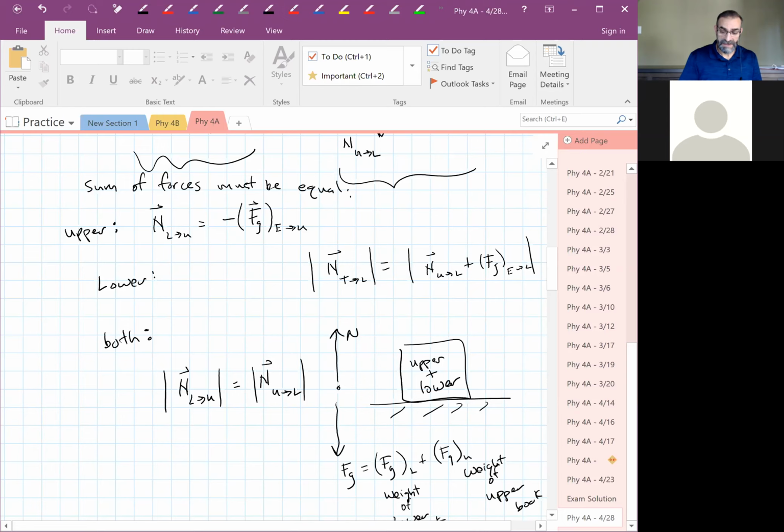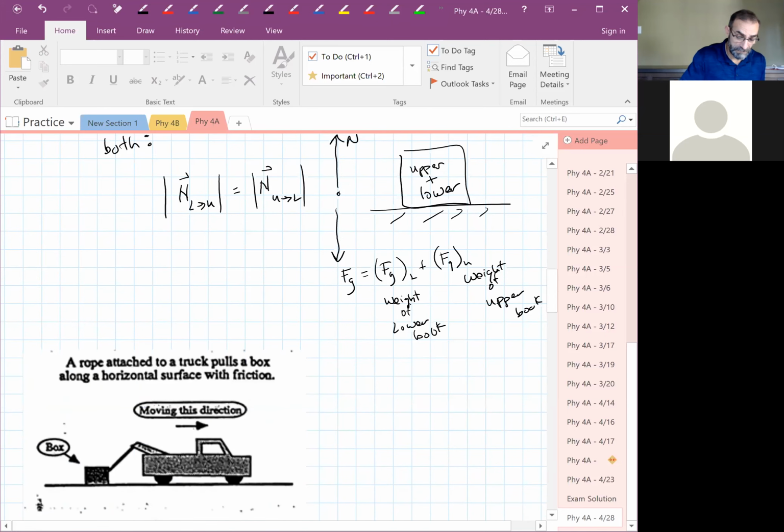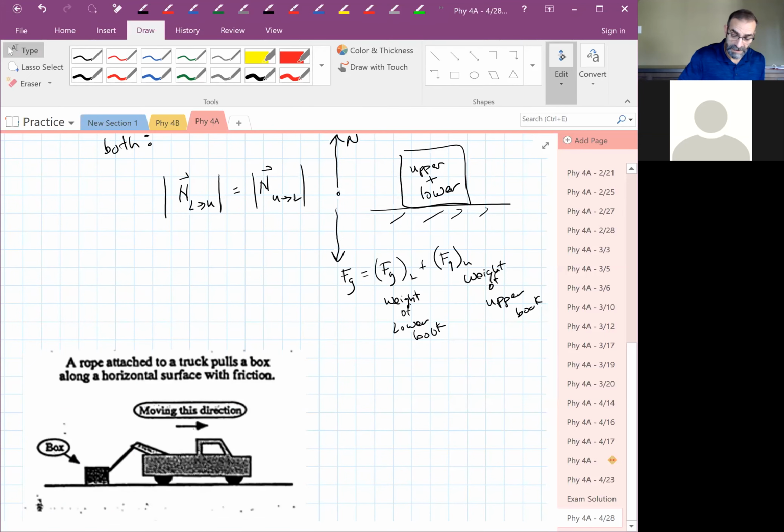One of the ideas here is that it helps you spot which forces have to be the same, how they're linked together, things like that, directions. So it helps you get the equation right. It's a tool to help you get the equation right. The equation is what you need to solve the problem. All right, let's talk a little bit about Newton's laws then, so we can get into this.